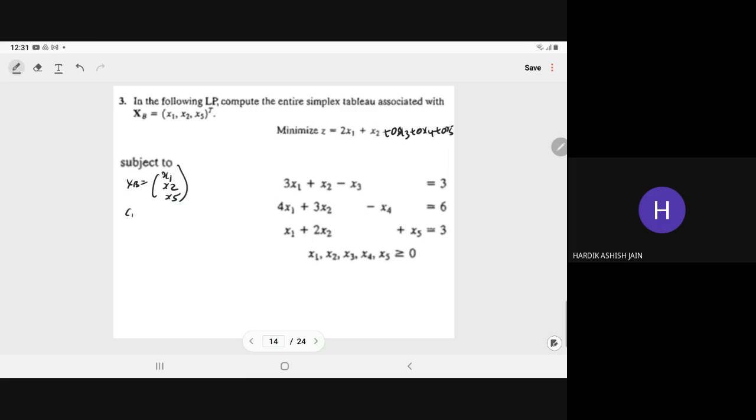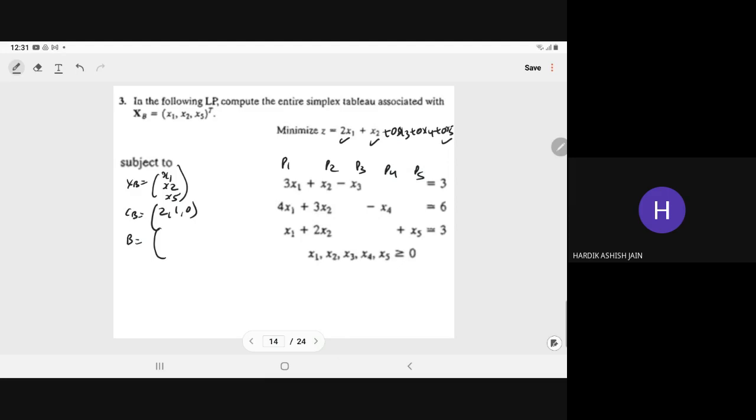So the corresponding CB for x1, x2, x5 is 2, 1, 0. CB is always a row vector, xb is a column vector. Then B is composed of P1, P2, P5.